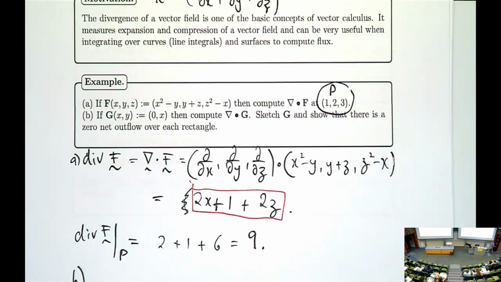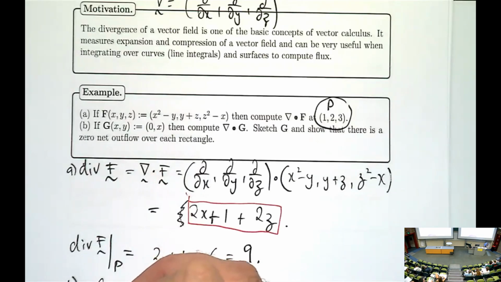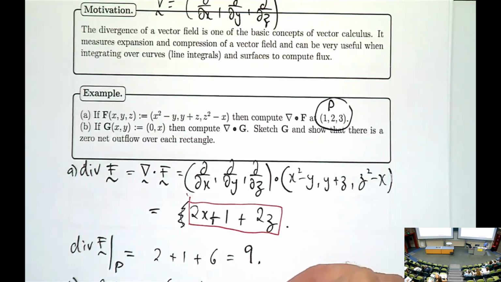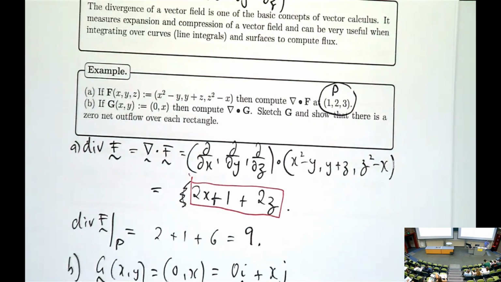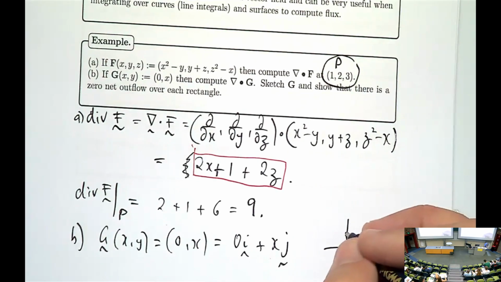So if I was carefully looking at this, I could write it like this, or I could write it like this. Remember, i and j are just the unit vectors.